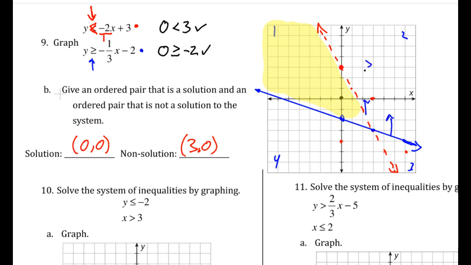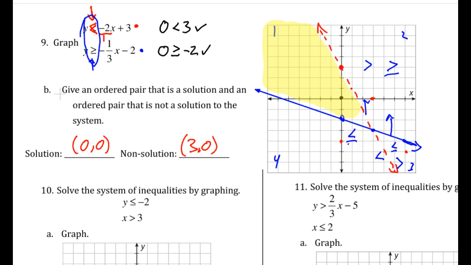If this was it, the signs would have to be greater than and greater than or equal to. If this was the answer, this one would have been less than, and this one would have to be less than or equal to. And if this was the right answer, it'd be above the red, that'd be greater than, but below the blue. So I'm really just looking at those signs to know which ones I should be.